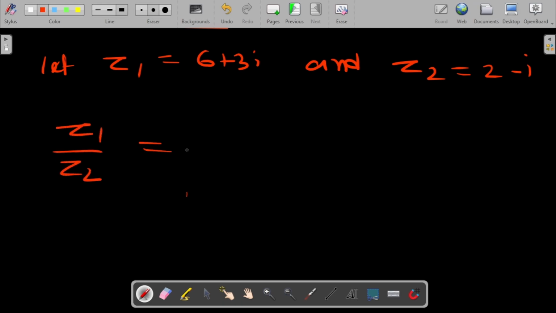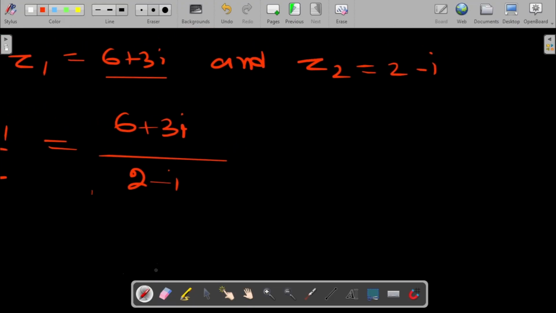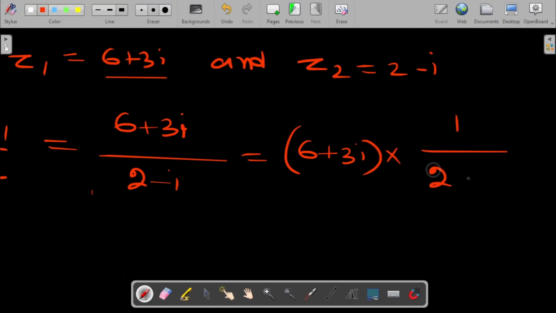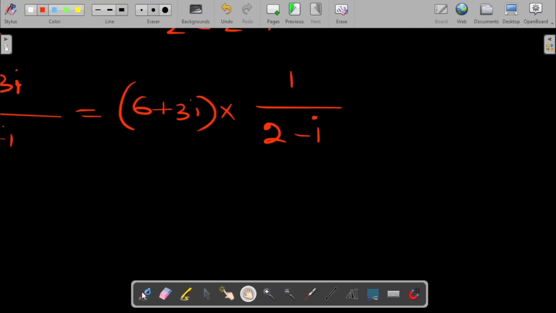So here, given that Z1 is 6 + 3i and Z2 is 2 - i, this can be written as 6 + 3i multiplied with 1 divided by 2 - i, and this equals 6 + 3i.